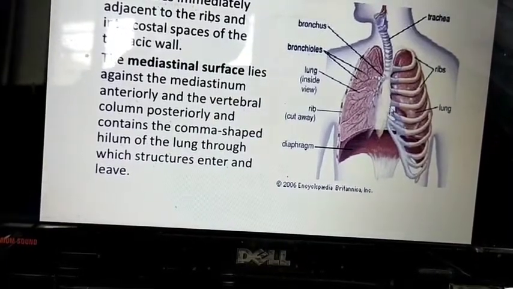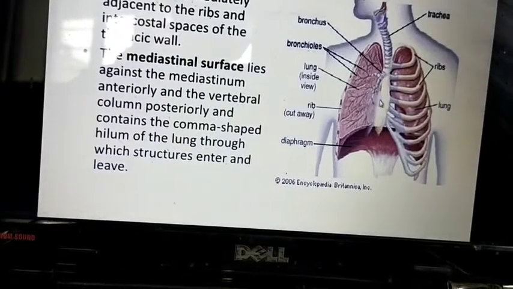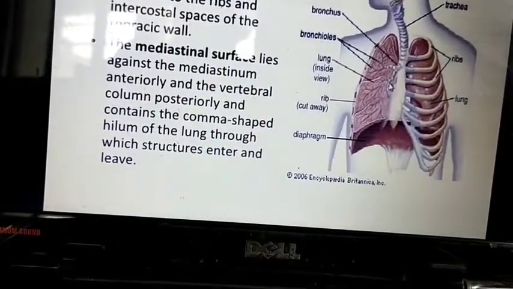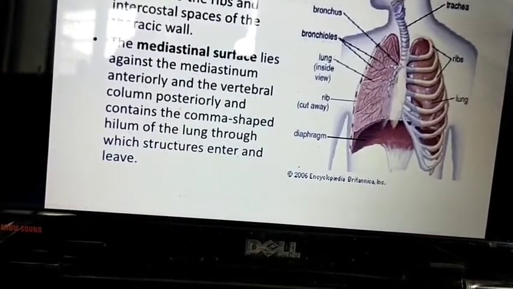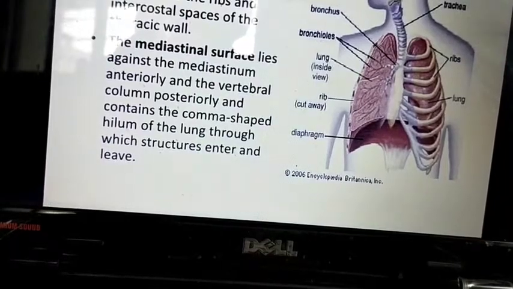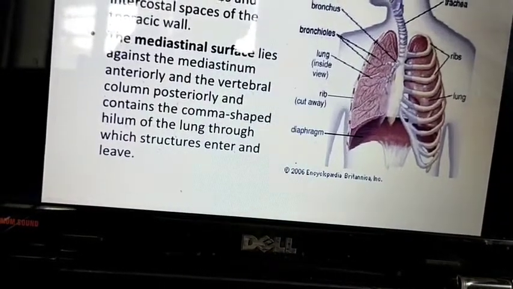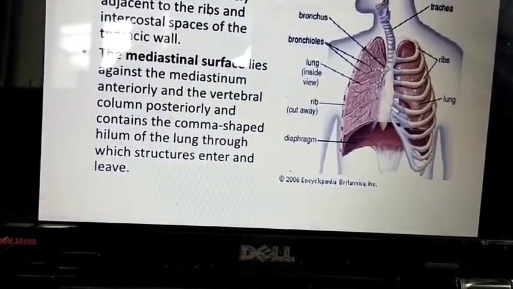And this medial area is the mediastinal surface. It lies against the mediastinum anteriorly and the vertebral column posteriorly, and contains the comma-shaped hilum of the lung, through which structures enter and leave. Okay.